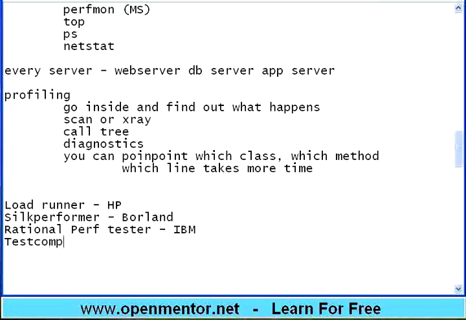There is also TestComplete, and Gomez by Compuware, and there are other tools. There are a lot of tools that can help with concurrent user testing, but all the tools do the same thing across these top five: load, stress, scalability, volume, and endurance.